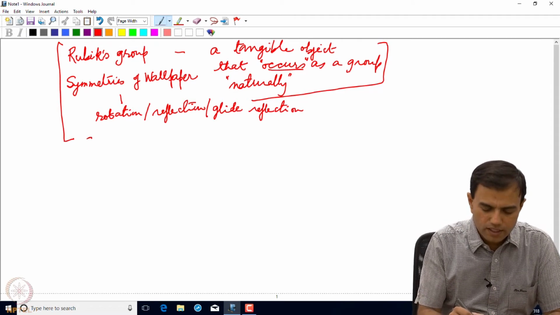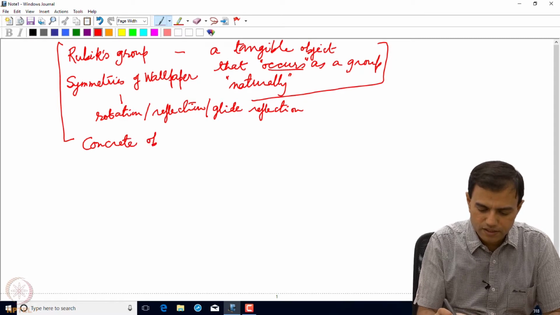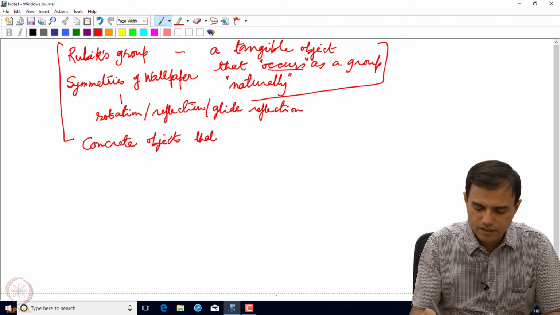So these are concrete examples of group. So concrete objects, these are concrete objects that represent a group.